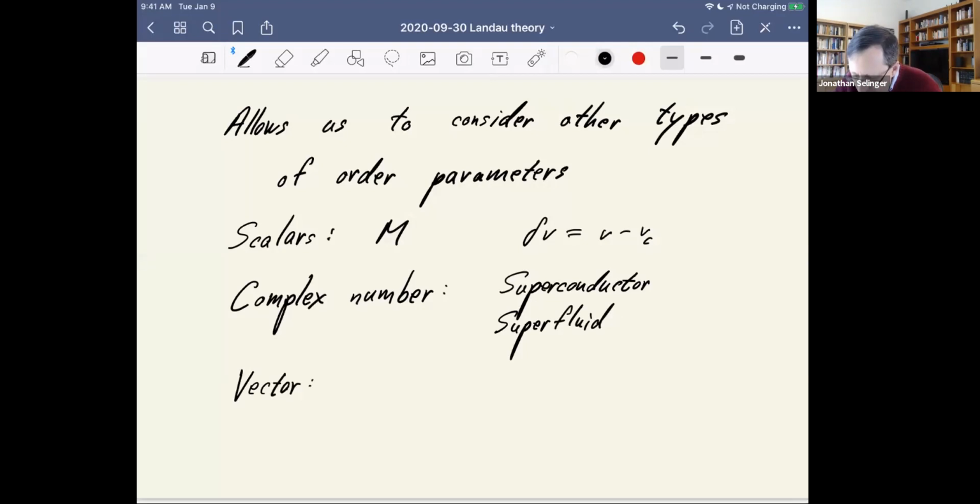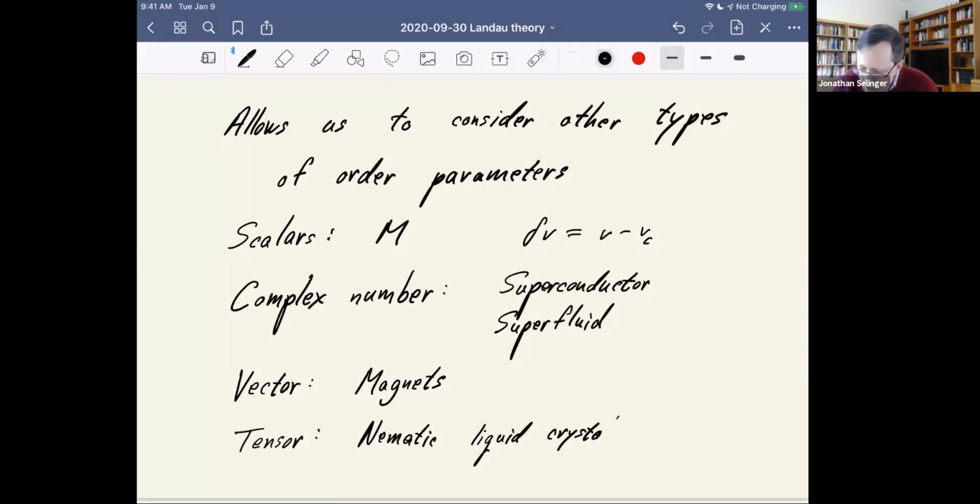This could be in other types of magnets, where the magnetic moment might not just be up or down, but maybe it could point in any direction in three-dimensional space. Or, as we'll get into later in the semester, there can be problems where the order parameter is a tensor. And I'll be teaching you about tensors this semester, but this is what's required for a nematic liquid crystal. A smectic liquid crystal actually has a complex number for an order parameter.